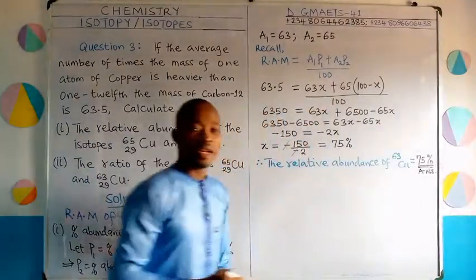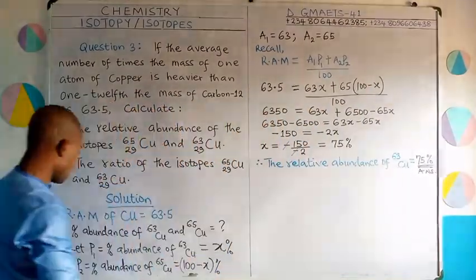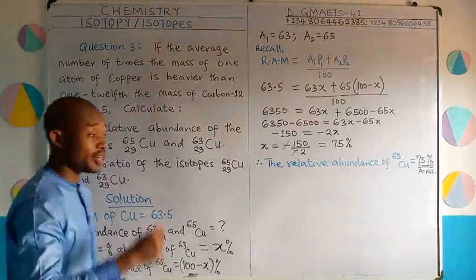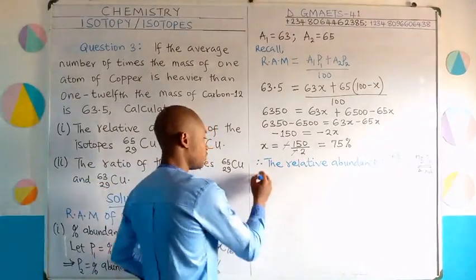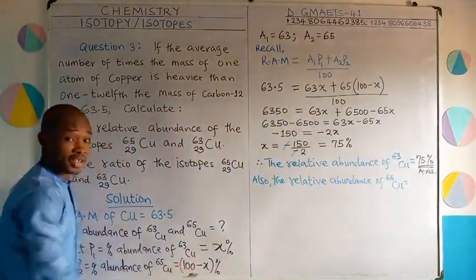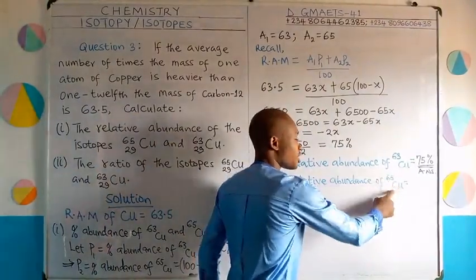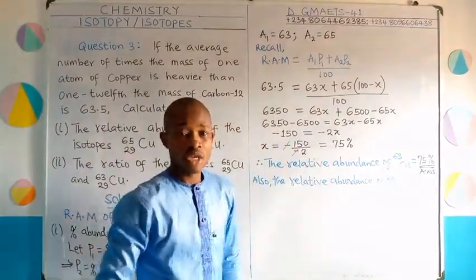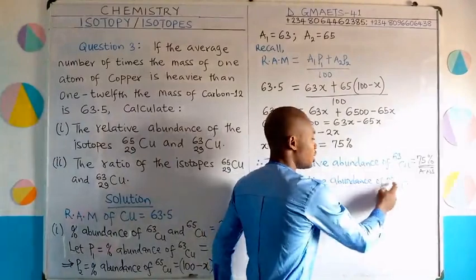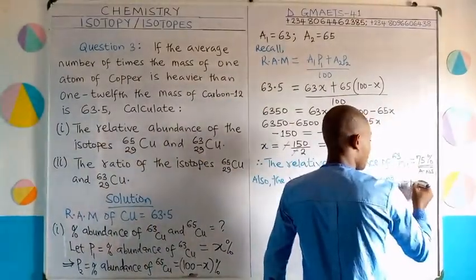So we've been able to get the relative abundance of one of the isotopes. Let us now proceed and obtain the relative abundance of the second isotope, that is copper 65. It will be equal to 100 minus X, is that not so? Remember, the relative abundance of copper 63 and that of copper 65 would give us 100. So if I know that of copper 63, that of copper 65 is going to be 100 minus that of copper 63.